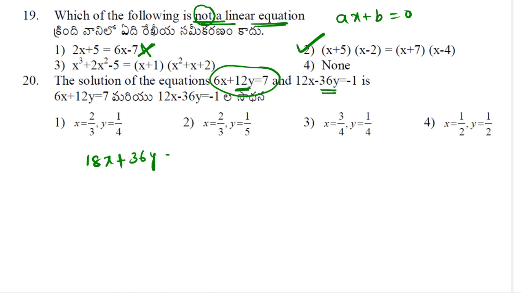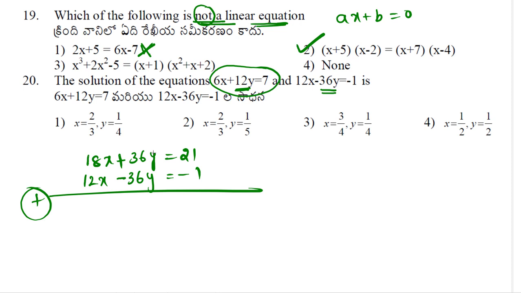This is equal to 3 times 7 is 21. Now the second equation is 12x minus 36y equal to negative 1. Let us add. 36y and minus 36y will get cancelled. 18x plus 12x, that means 30x equal to 21 minus 1 is 20.